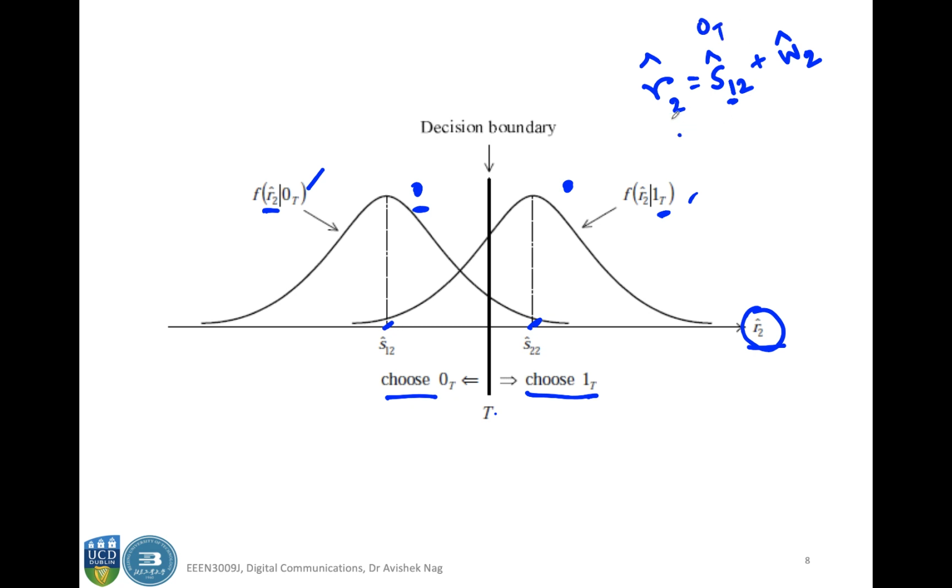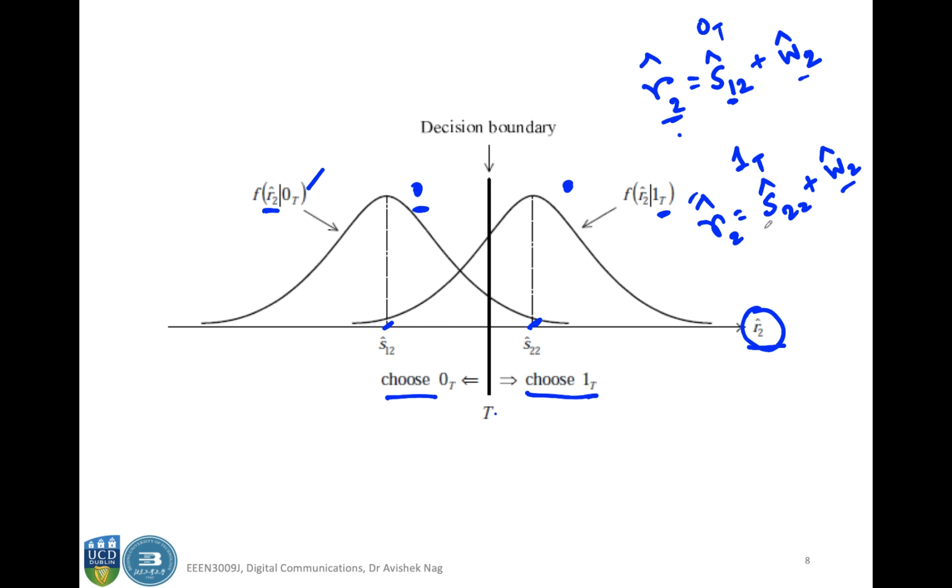If your signal 1 was transmitted, then R2 hat will be S22 hat plus W2 hat. Okay, so this is the noise for both cases.